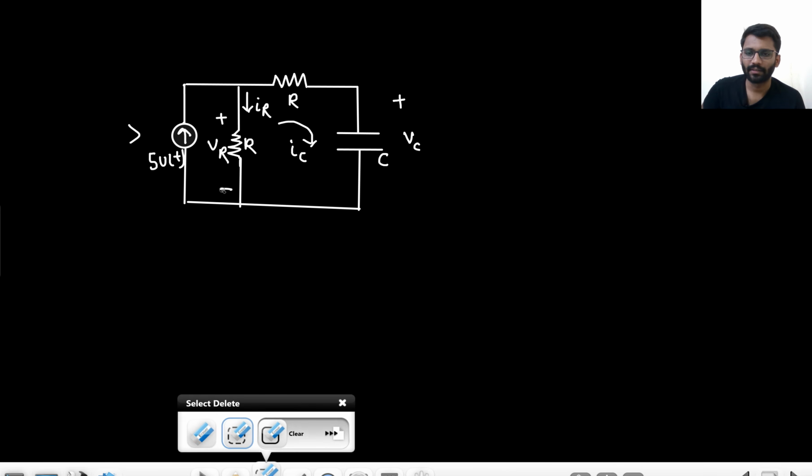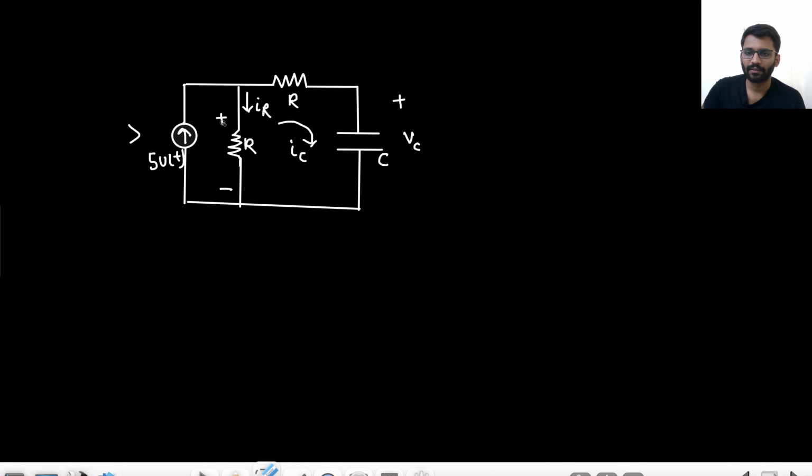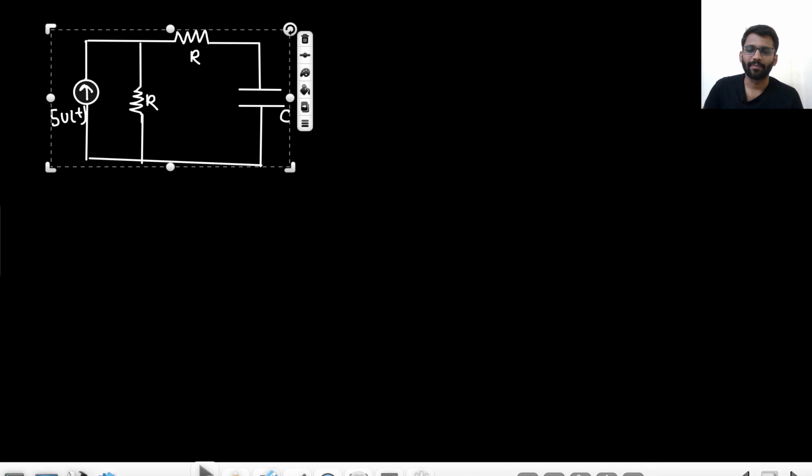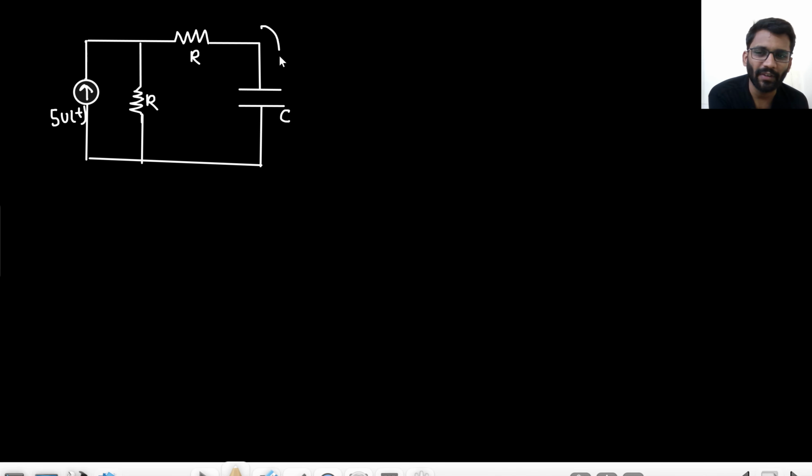Let's just forget everything else. So what is initially happening? Initially this 2.5 ampere current is flowing here. Now this 2.5 ampere current charges the capacitor. Let's assume initially it is 0.